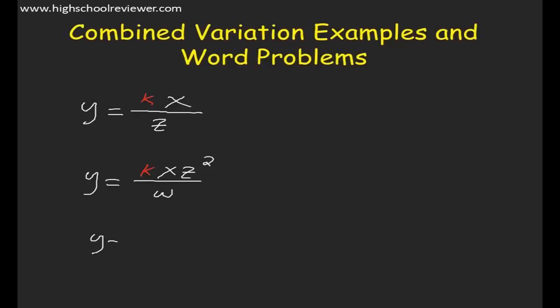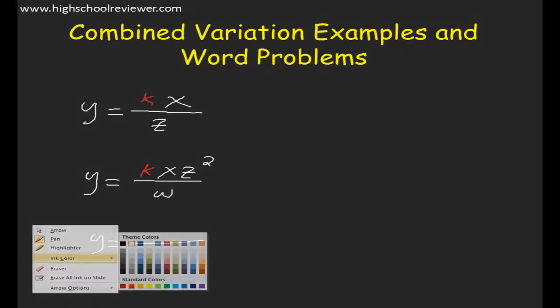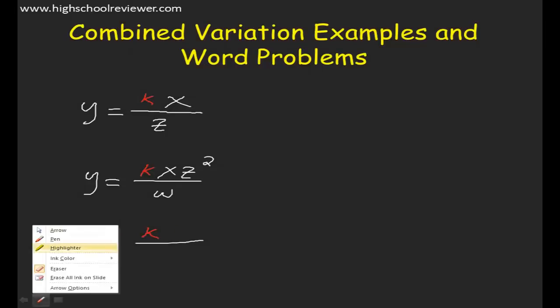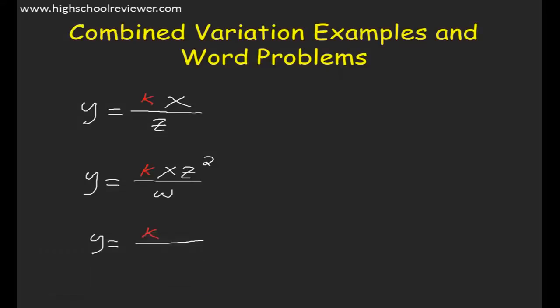Next example, y is equal to the constant of variation, k, multiplied by x and multiplied by z raised to the square of w.